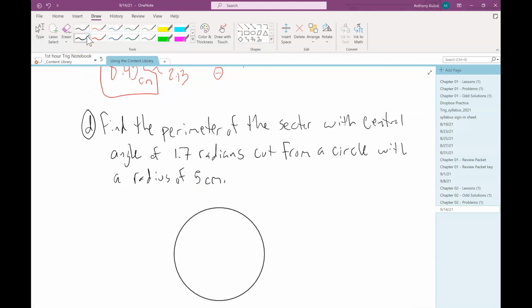When we say a sector, what we're talking about is like a slice of pizza. So the sector is here, this slice of pizza. And the perimeter then of the sector is going to be AB, BC, and AC.